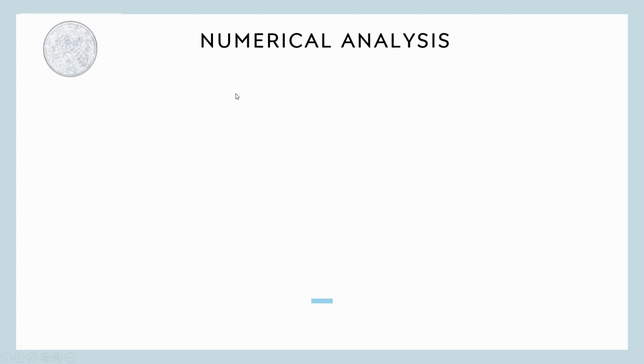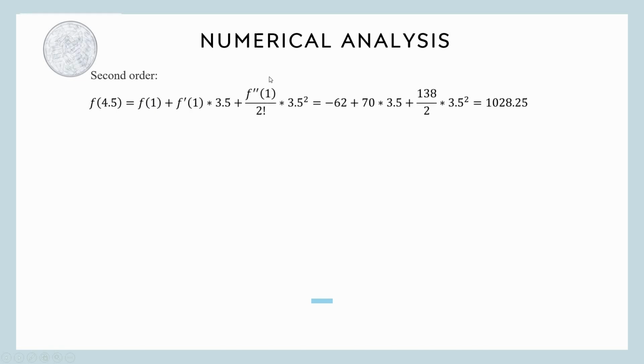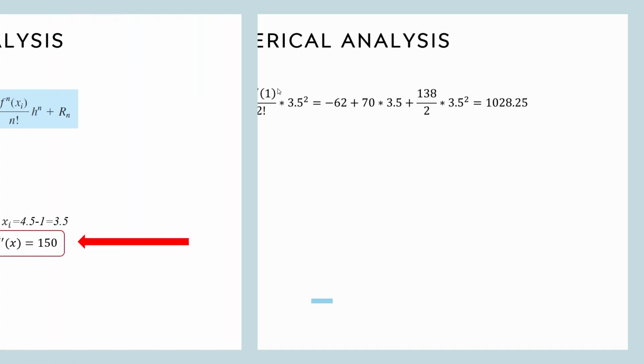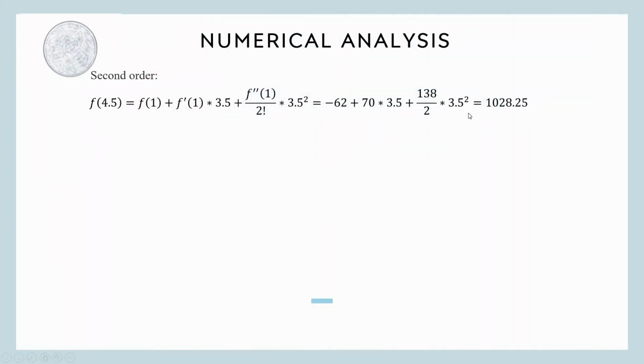133.9%. For the second order, we keep three terms: 1, 2, 3 terms. Then we plug in. We calculate f(1) as -62, f'(1) as 70, and the second derivative of this, then we plug it in and get the result 1028.25.